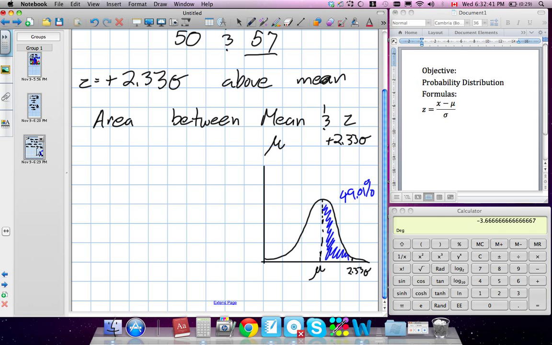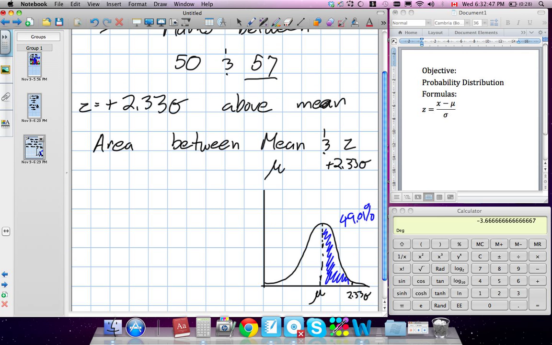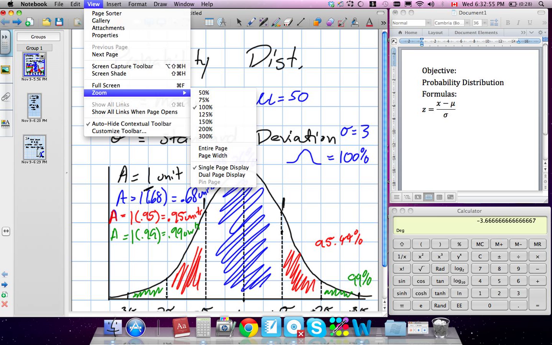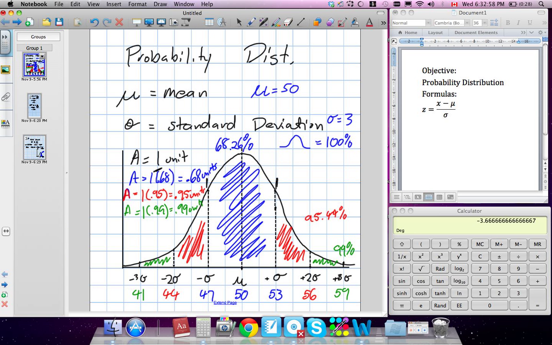So on our z-score table, we looked this up, and they told us area between the mean, which was our number, which is also essentially the area between our symbol here and what we found to be positive 2.33 standard deviations. So, let's try to quickly make sense of that with a little graph.